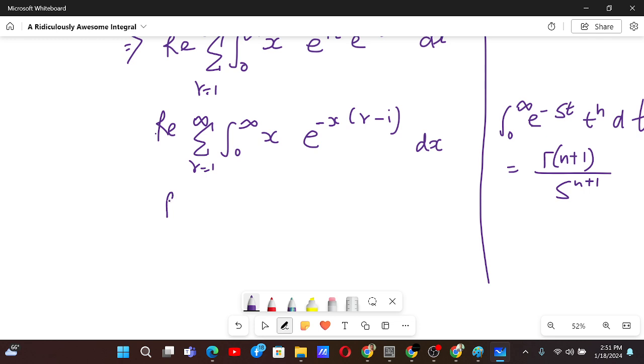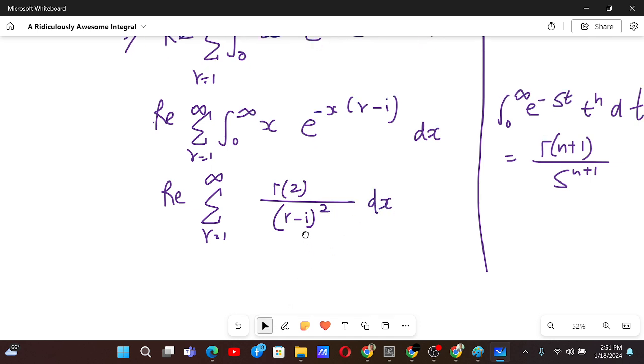And that gives us the real part of the sum from r equals 1 to infinity of gamma of 2 by (r minus i) to the power 2. Yeah, that's 2.